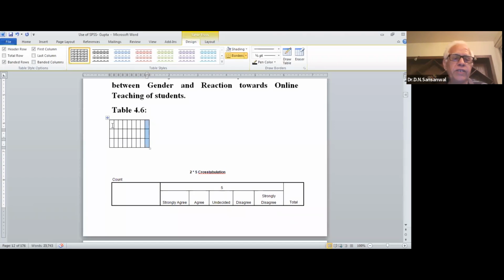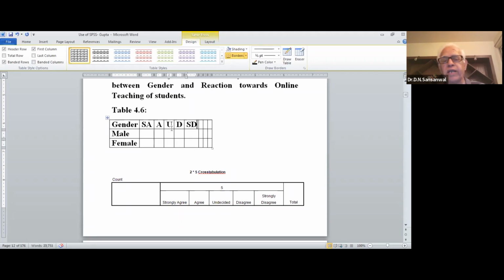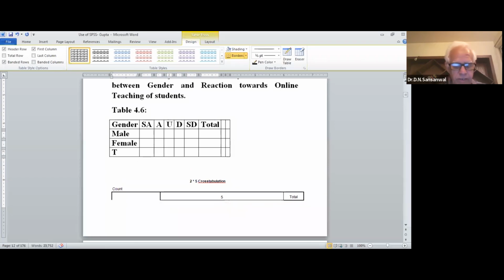So here I say gender. Gender is male, female. This is strongly agree. This is agree. This is undecided. This is disagree. And this is strongly disagree. This is total. This is total.